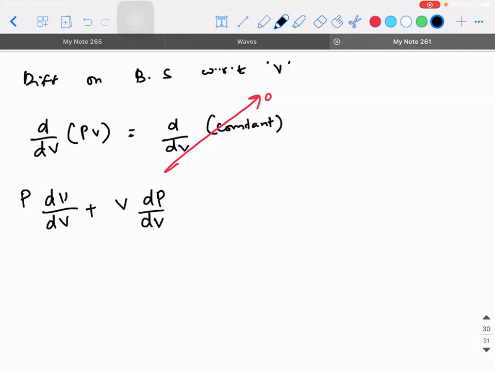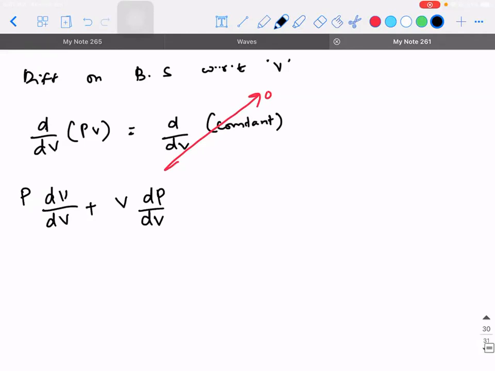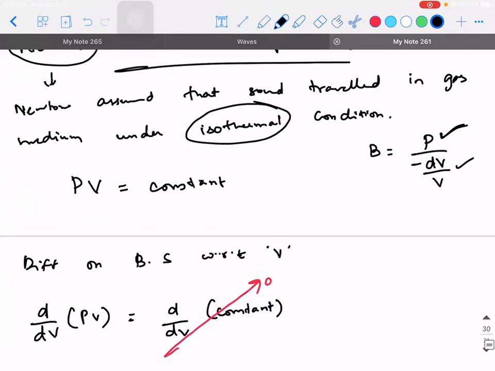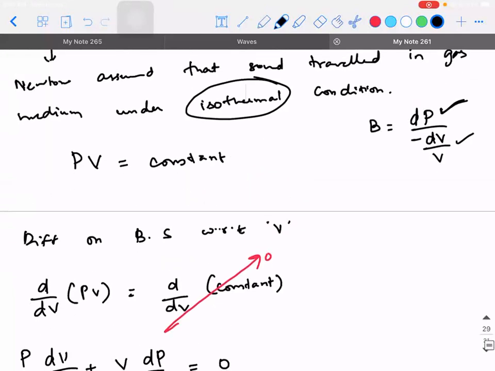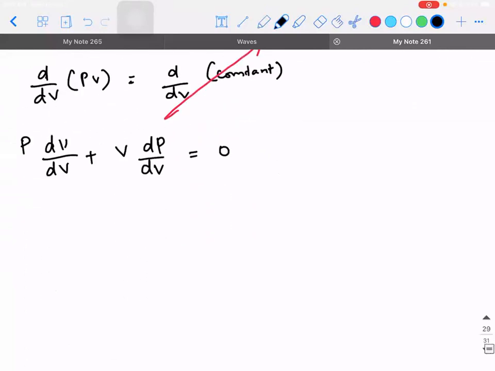Can I write it like this? Is equal to how much? Zero. Okay, one small correction. I'm writing dP because I'm applying a differential pressure here. So dP divided by minus dV by V is nothing but bulk modulus.